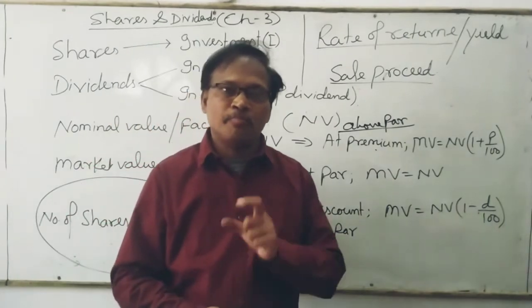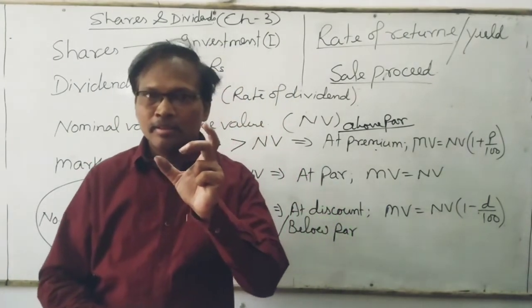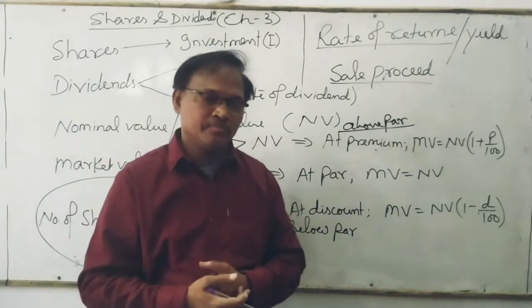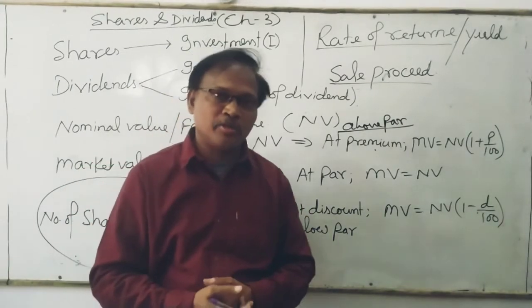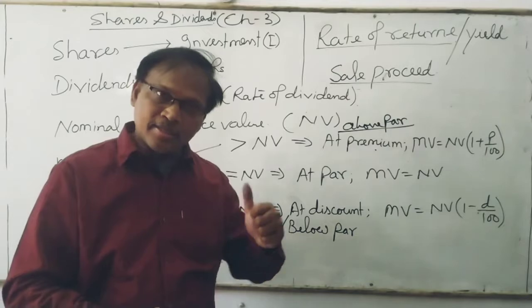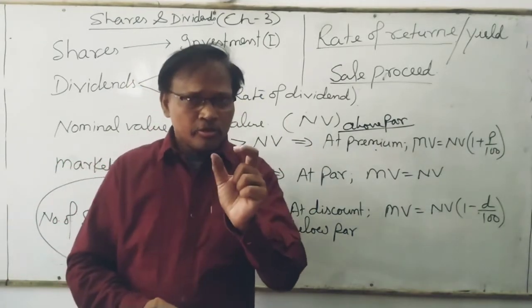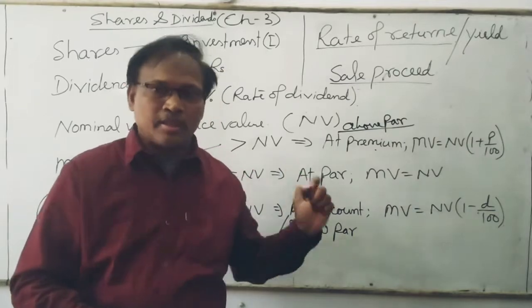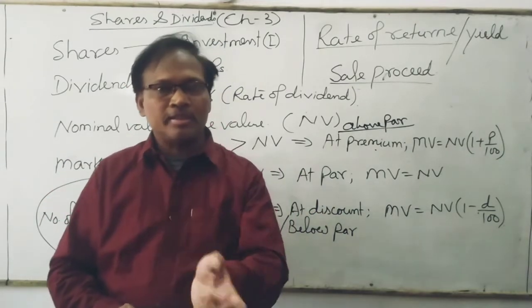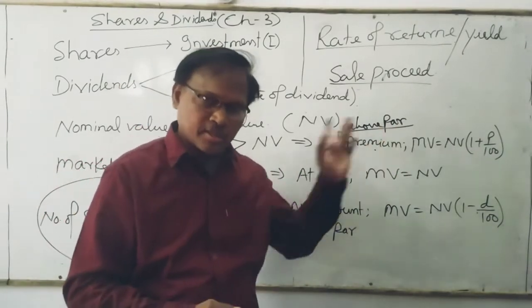Sometimes the premium will be given in rupees. Suppose at a premium of rupees 20 and the nominal value is rupees 100. So you will add 20 rupees to the 100. So 100 plus 20, that will be 120 rupees, the market value.